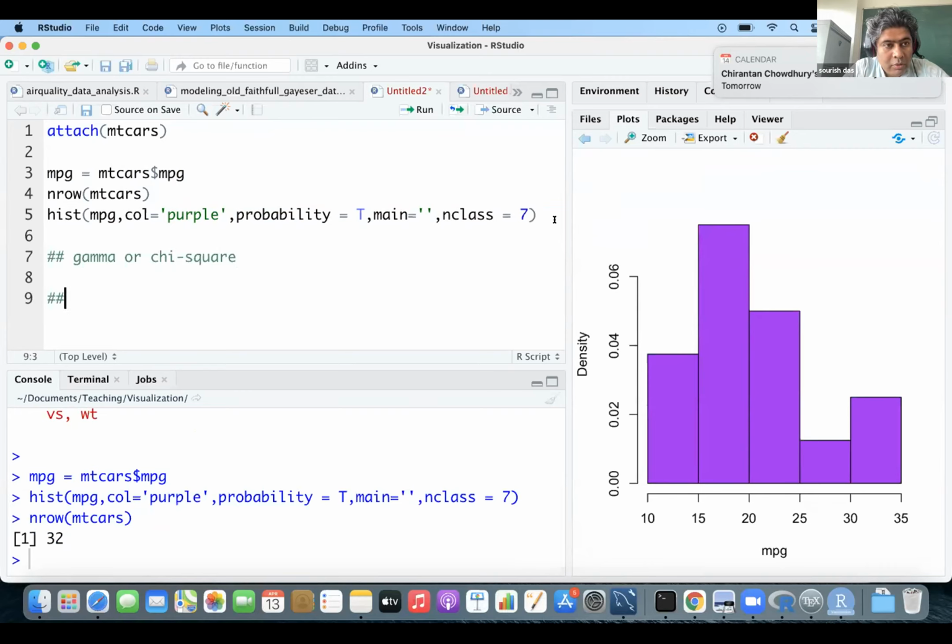Now, chi-square is a special case of gamma.